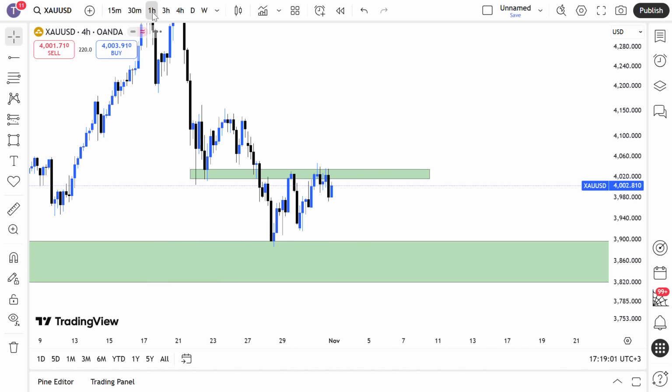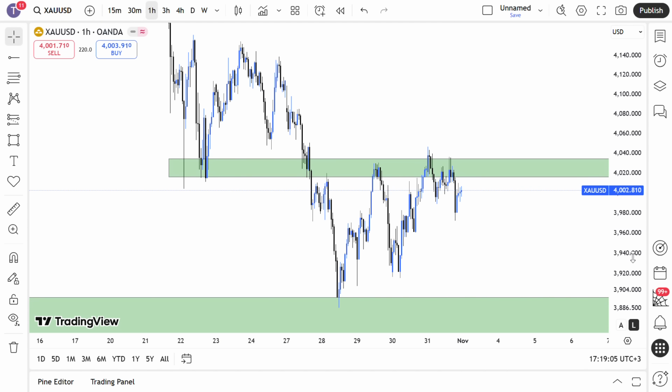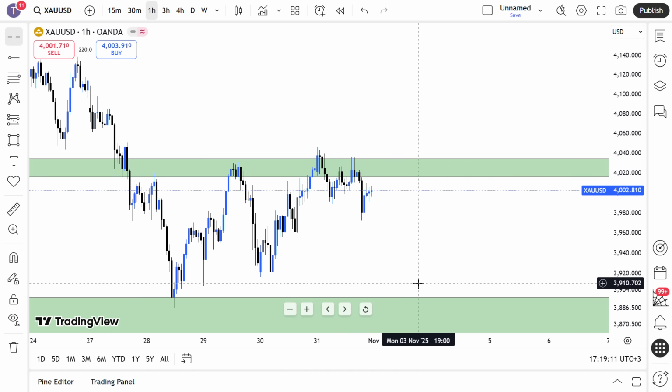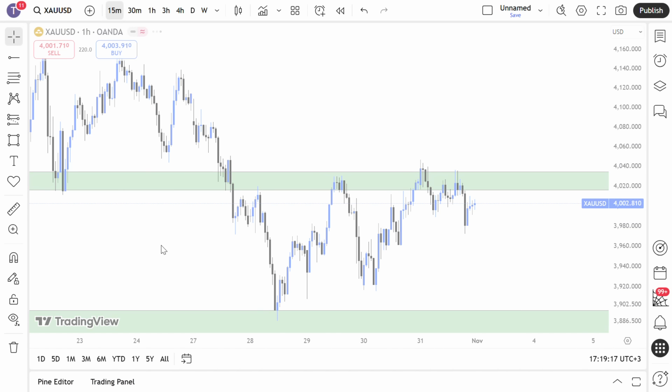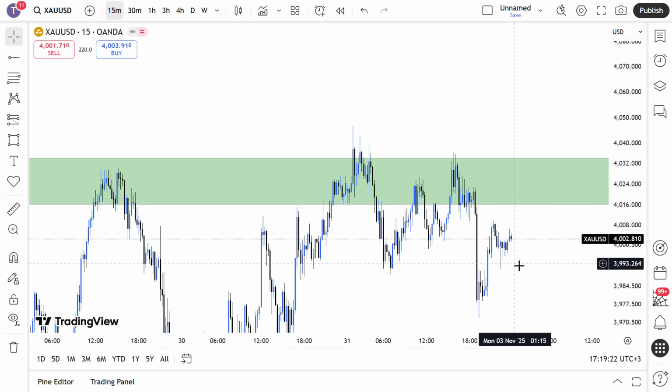So I will come into the 1 hour time frame, try to look for what gold is doing. So I think gold is trying to have a retest into this area before looking for more selling opportunities to the downside. And what I'll be doing, I'll go to the 15 minutes time frame and try to study the structure being formed there.